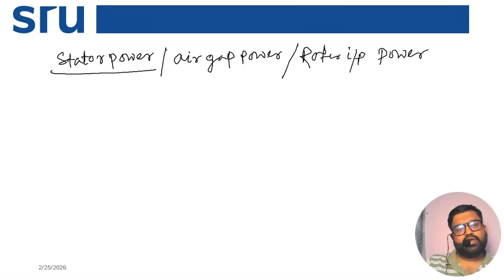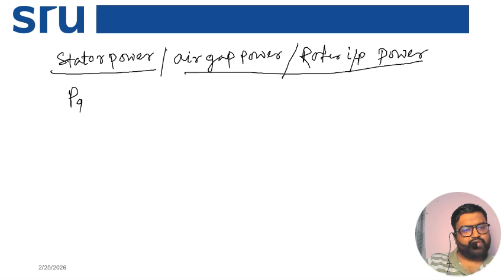It is denoted as PG. Now, what is the meaning of PG? It is the power transferred from stator to rotor.